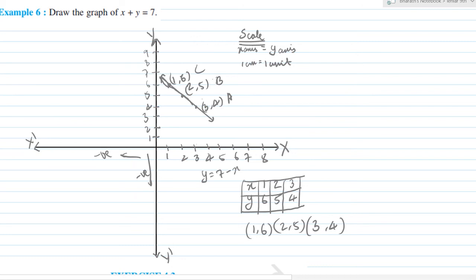So always in a graph, remember to write x axis and y axis, name the x dash axis and y dash axis, name the points, write down the coordinates, and do write the scale. And after all this, just in front of the line write down the equation.